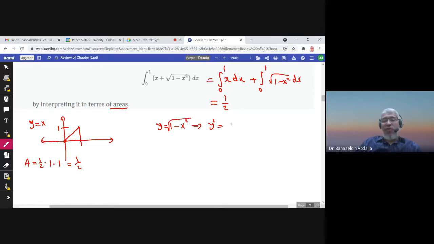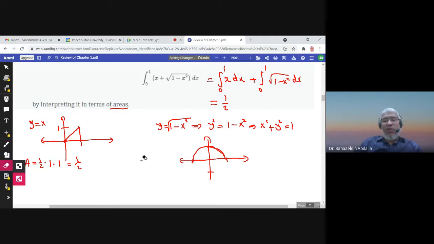If you square both sides and take x squared to the other side, then you will have a circle with center (0, 0) and radius 1. But since y is positive, in fact, this function is represented by the upper half of the circle.